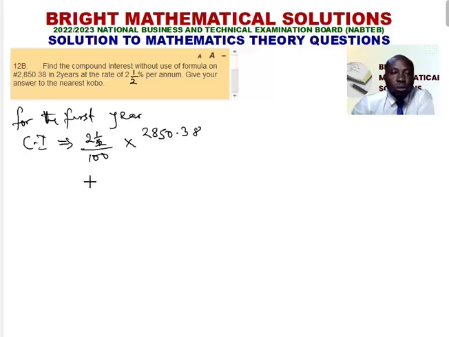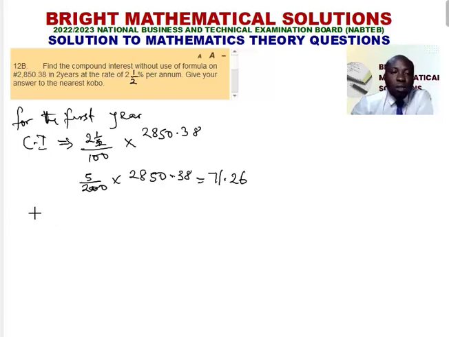So this will become 5 over 200 multiplied by 2,850.38. What I did was to convert this to a proper fraction, then transpose this, and it becomes this. If you multiply, this will give you 71 naira 26 kobo. So this is the compound interest for the first year.